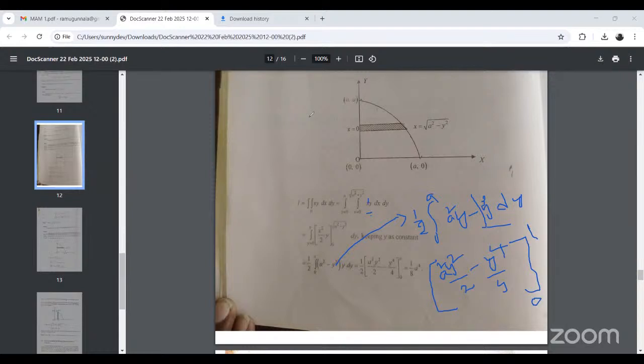After substituting the limits, we get 1 by 8 into a power of 4.